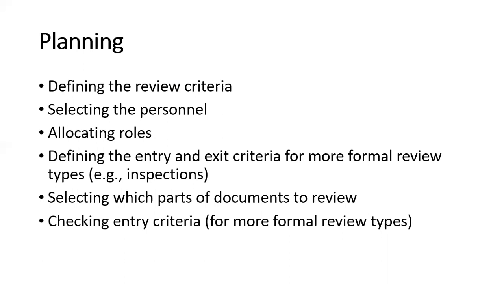Likewise, the team members will be selected, and for the selected team members, roles will be allocated. We will learn what the possible roles are also, right? And then we will define the entry and exit criteria in order to make a more formal or official review type like inspection. Entry criteria is something similar to when to start the review.